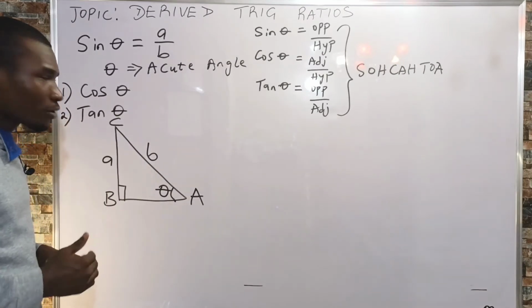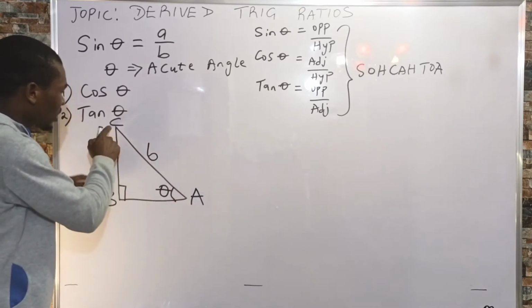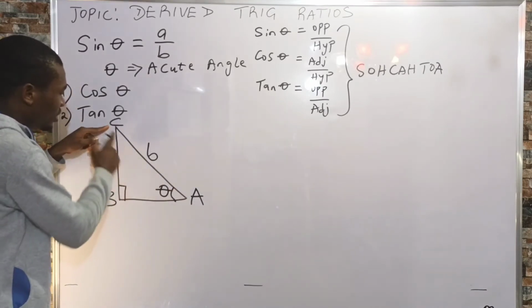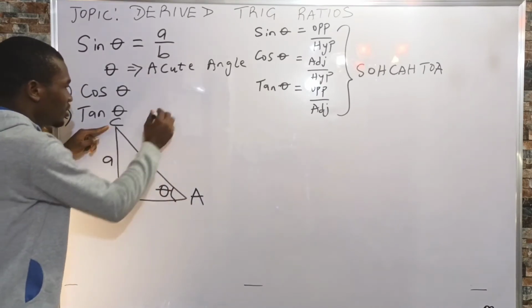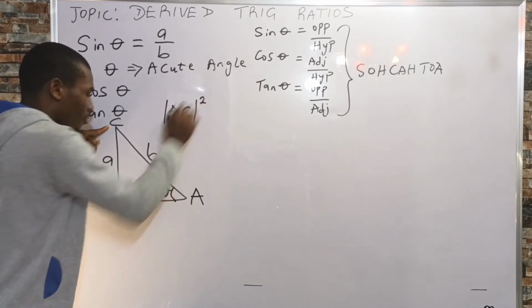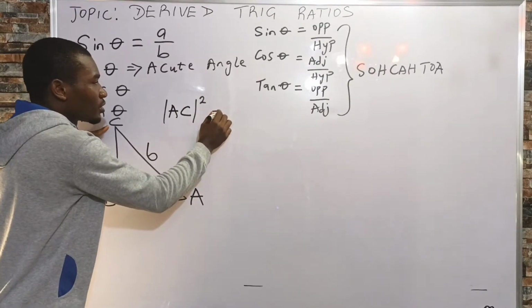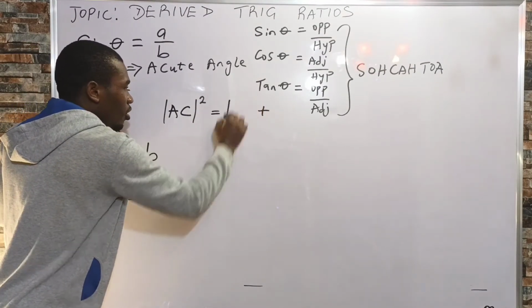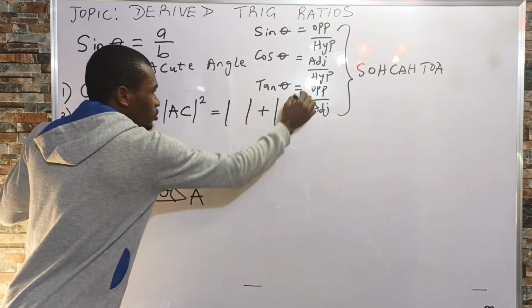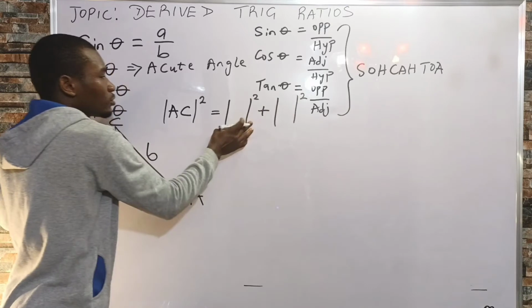And remember that Pythagoras theorem states that the square of the hypotenuse side, remember the hypotenuse side here is our side AC, so the square of the hypotenuse side of a given right angle triangle is equal to the sum of the square of the other two sides.